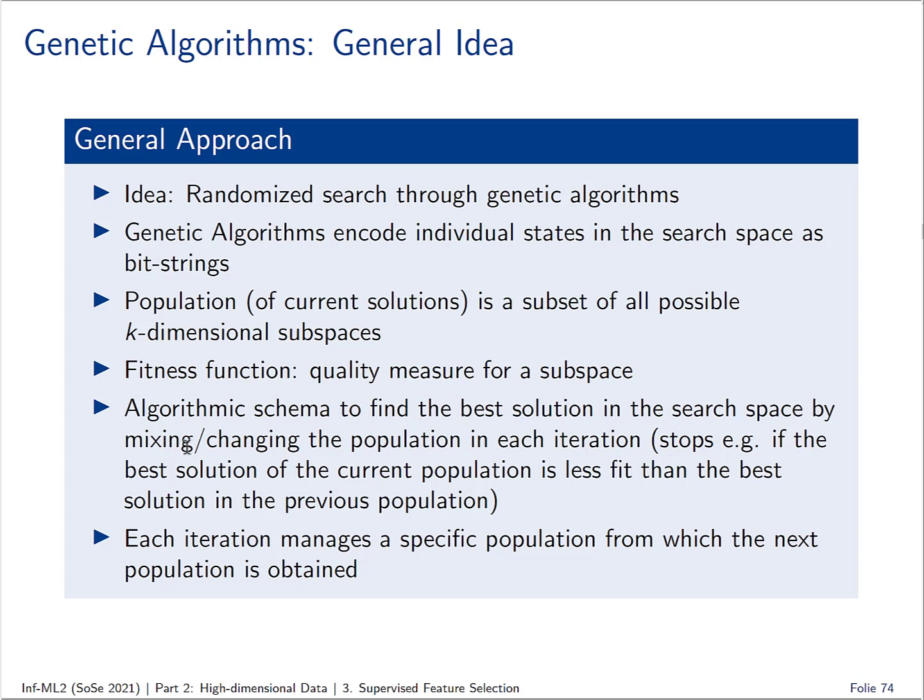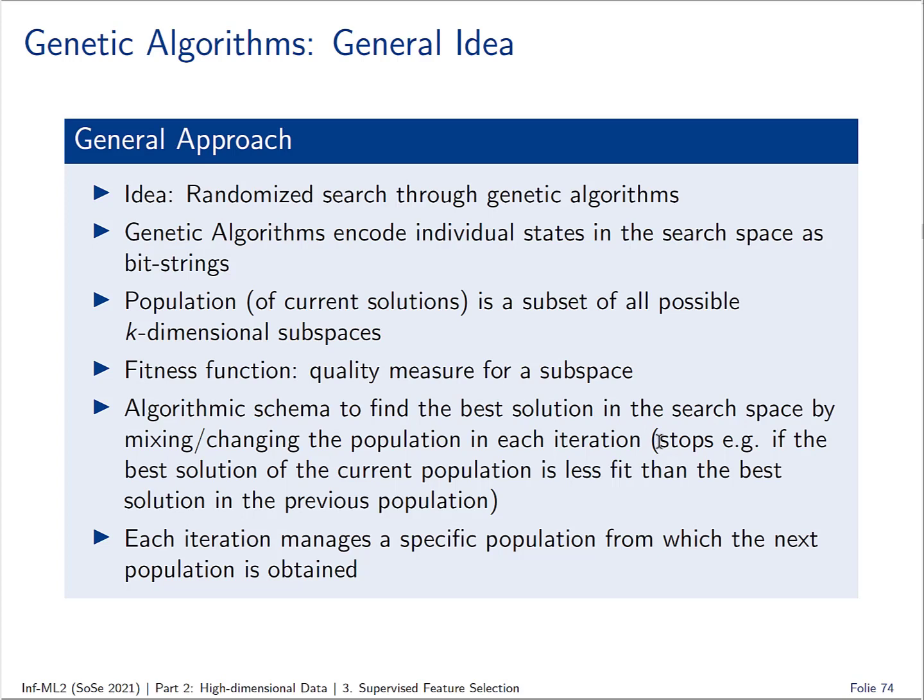So we try to mix and change the population. We keep a population, a small set of candidates. Those are our current solutions, and we get from one population to the next by mixing and changing the population from one iteration step to the next.